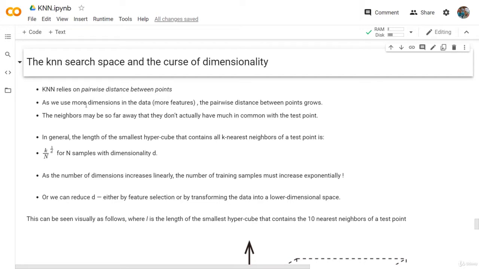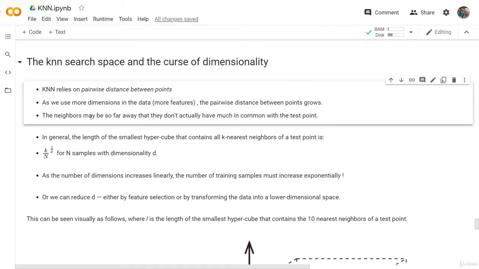If we use more dimensions in our data, which means more features, then the pairwise distance between points will grow, right? And the neighbors may be so far away that they don't actually have much in common with the test point.